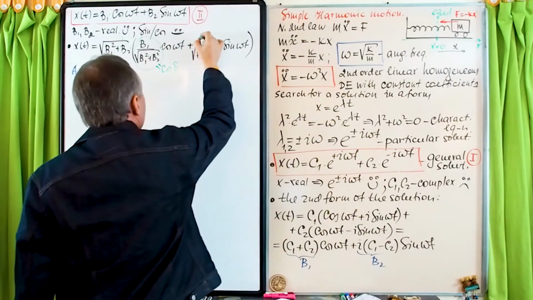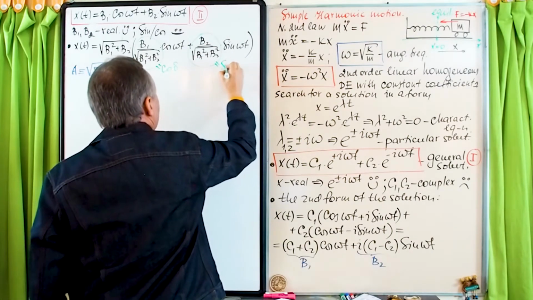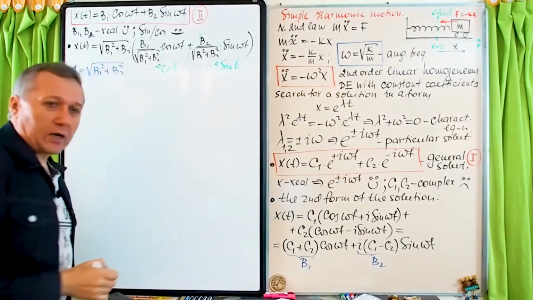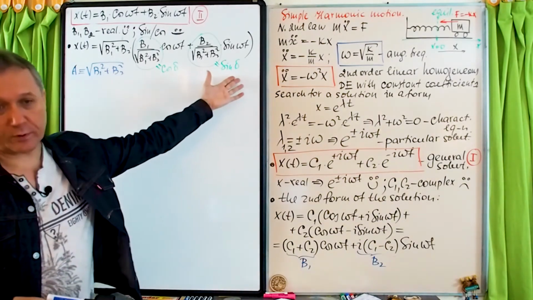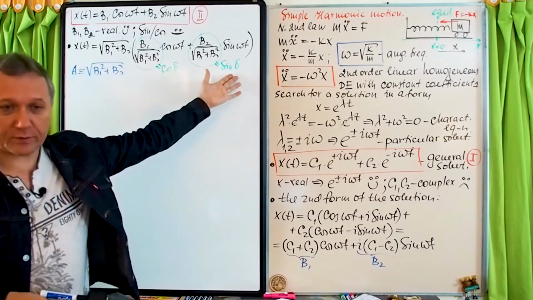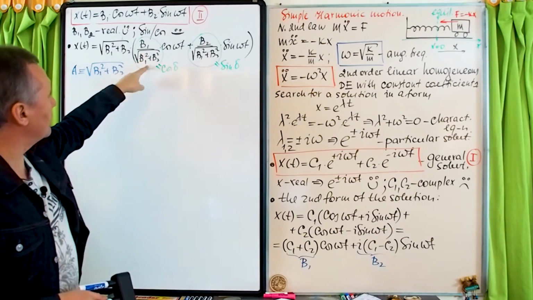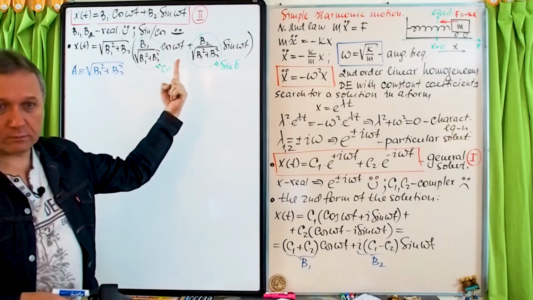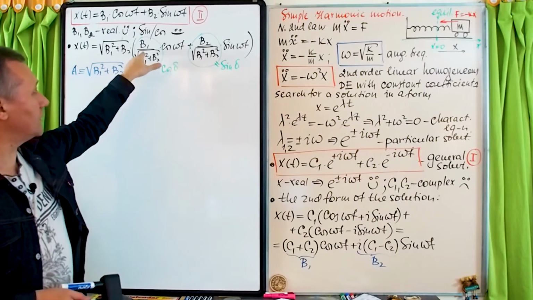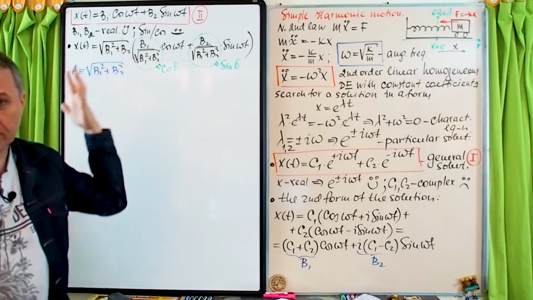And I can call this sine delta. How come that I can do that? You know the square of sine and square of cosine, if you add them up, you're supposed to get 1. And if you take the square of this plus the square of that, you will get 1. So it's legal. We can call this construction cosine of a new constant, and that construction sine.